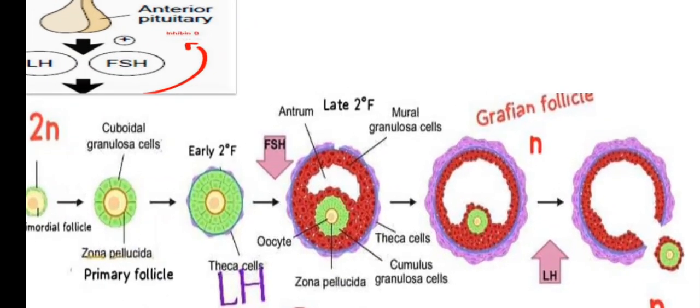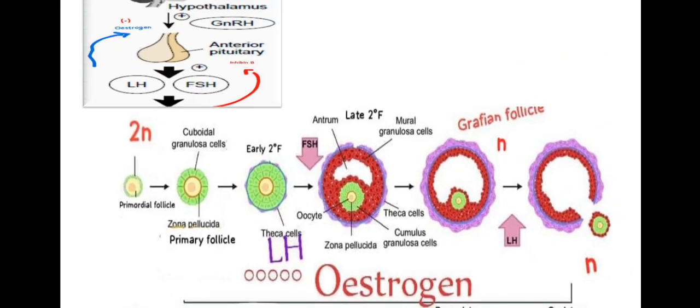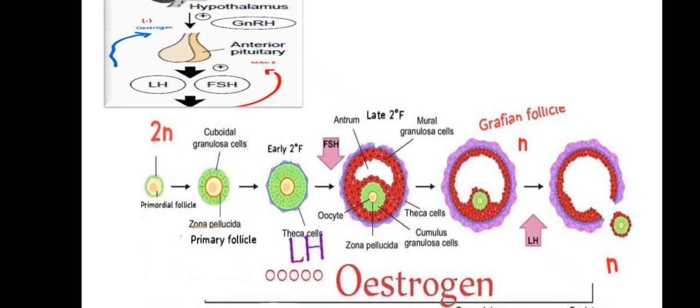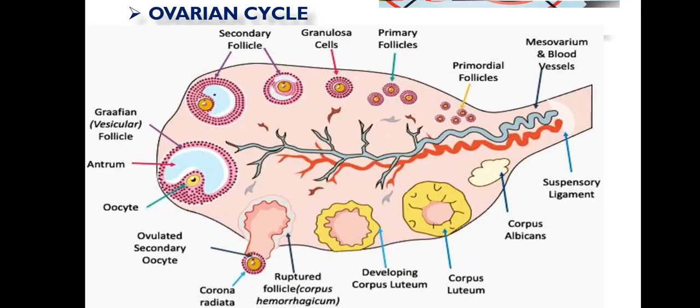Now, it's important for you to understand what is happening in the ovarian cycle using this kind of context. So, I said the ovarian cycle is from day 1 to day 14. What you are seeing here is from day 1 to day 14.